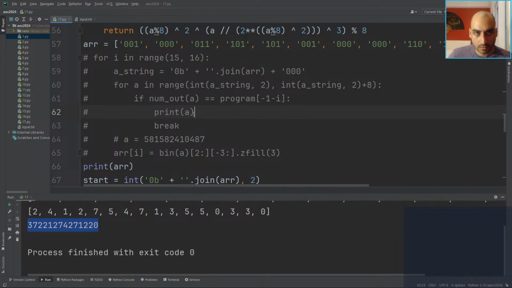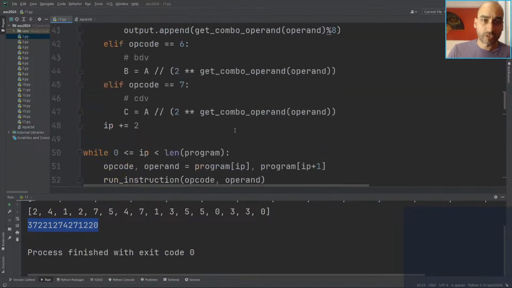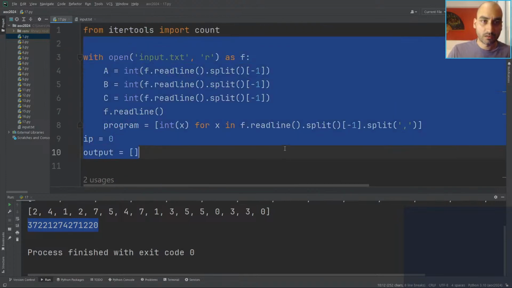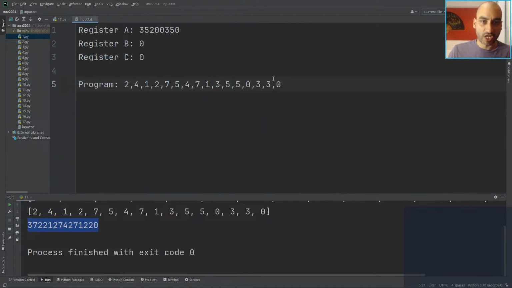Anyway, I don't think you could really write code that would solve the general program. That would just be absurd, because they could be doing any kinds of jumps and any kinds of things.